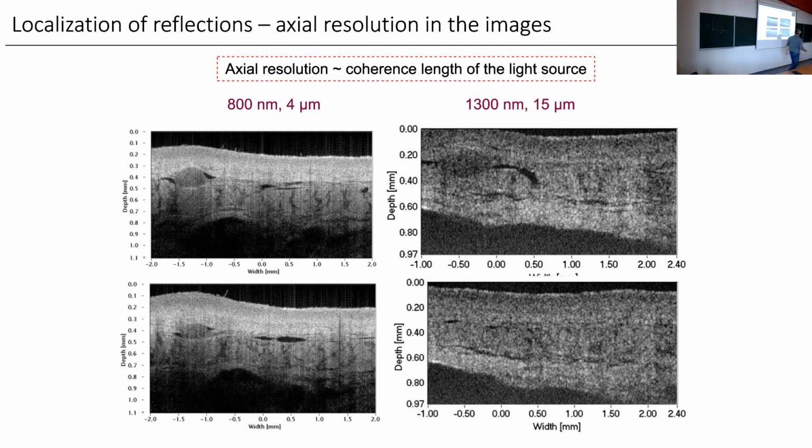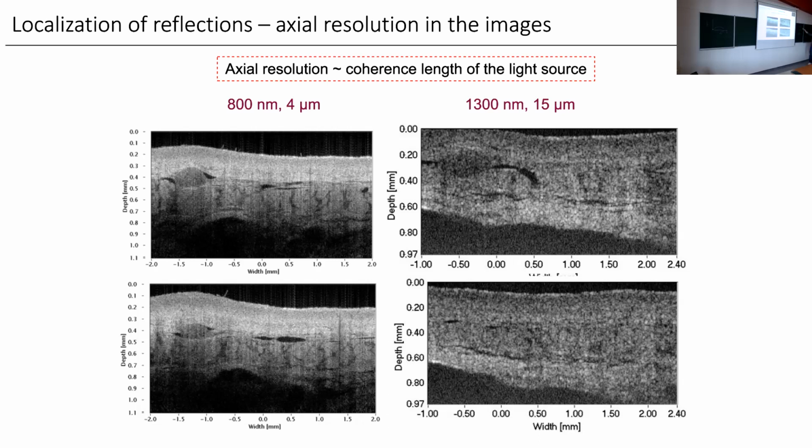It has to do with the graph. If you look at the scattering coefficient of tissue as a function of wavelength, it's a decreasing function of wavelength. It means that the scattering coefficient of tissue at 1300 nanometers will be a little bit lower. For this image formation, you have to have light going in without being scattered, then having some scattering effect at a certain depth, and then making it back to the detector.